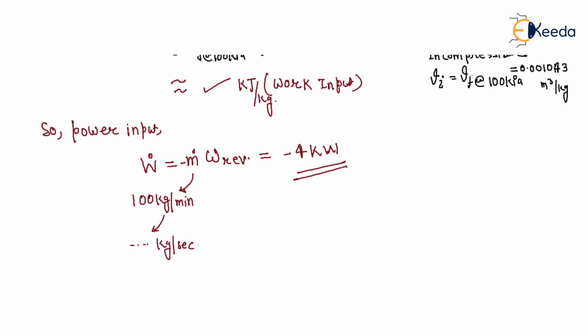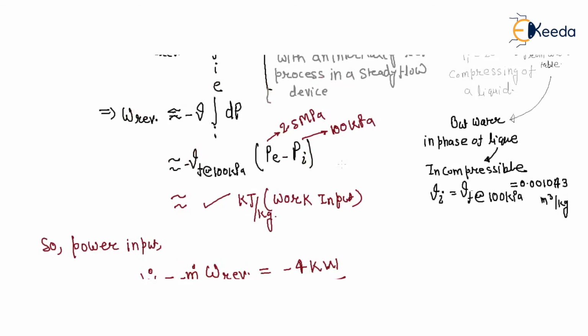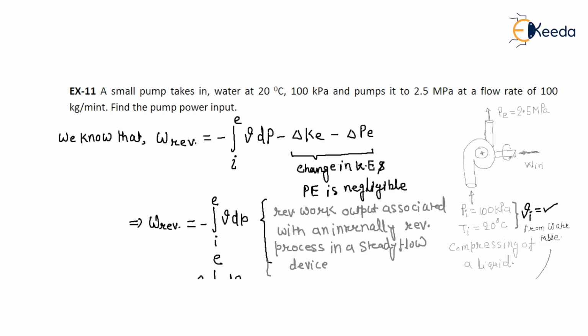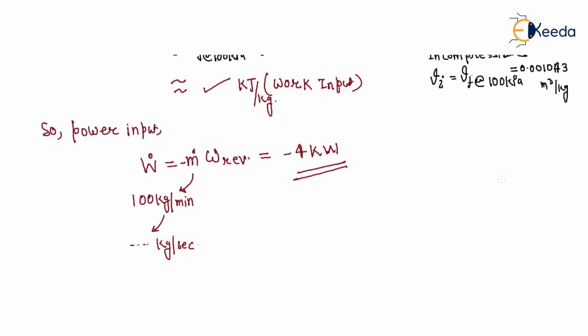Now if we apply the TdS equation, this is your inlet and this is your exit. In all engineering applications, a pump is taken as reversible and adiabatic.